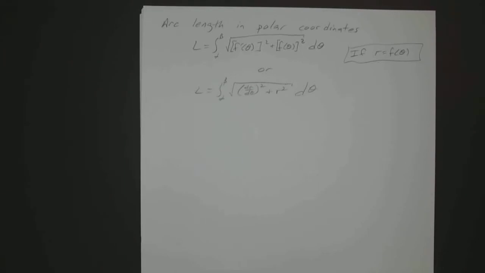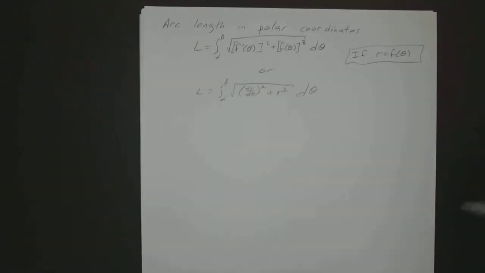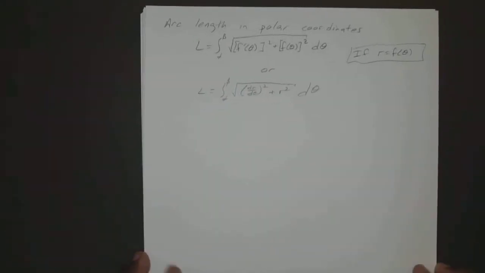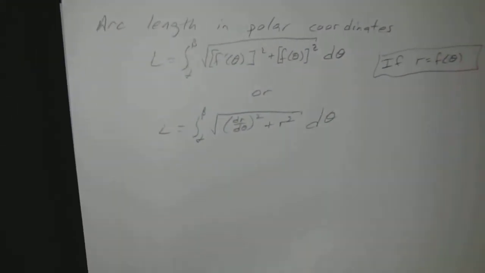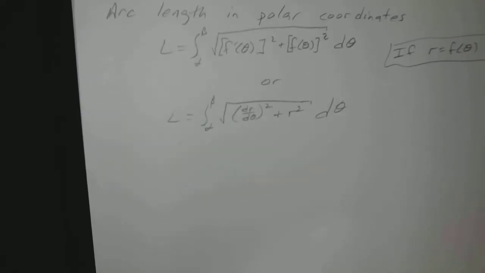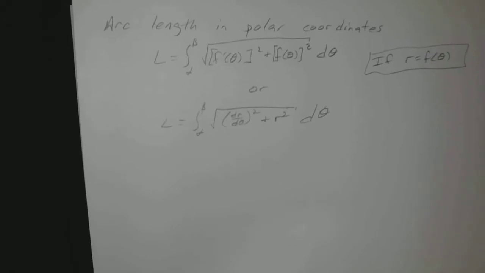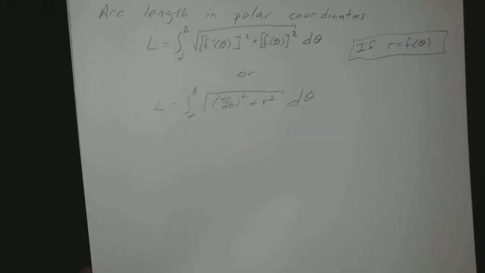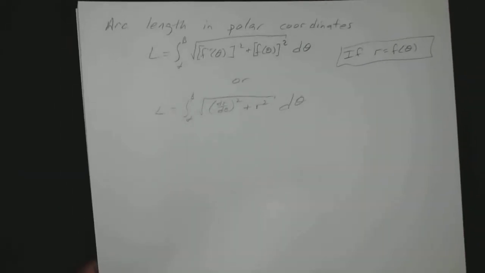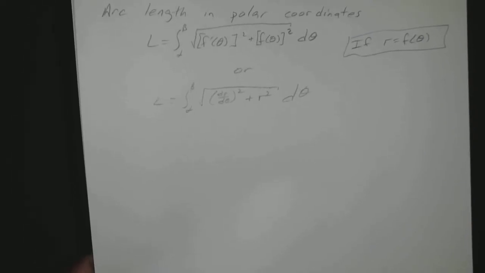Can you zoom in on that at all? Which one? The top part. This one? Yeah. I'm scared to zoom in because this thing may stop working. I'm sorry, but I'm just blind. f prime of theta squared. Oh yeah, f prime of theta squared. Which part did I just lose you on?